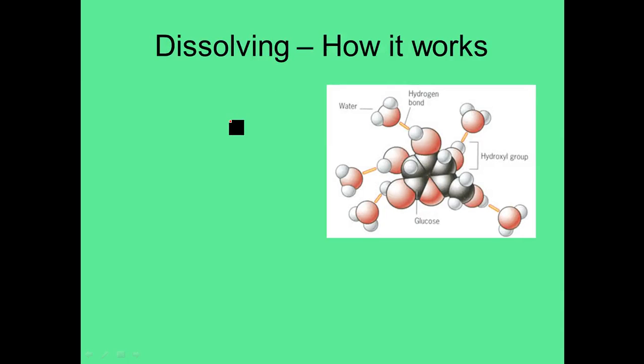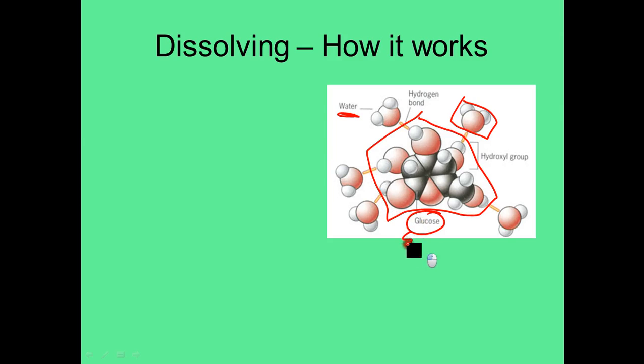In this picture on the right, you'll see several things. We have these shapes. Those are, as listed here, water. Then we have this central piece here. Let me see if I can draw some circles around it. That piece is glucose. It's essentially sugar, the stuff that we dissolved in water yesterday and the day before.